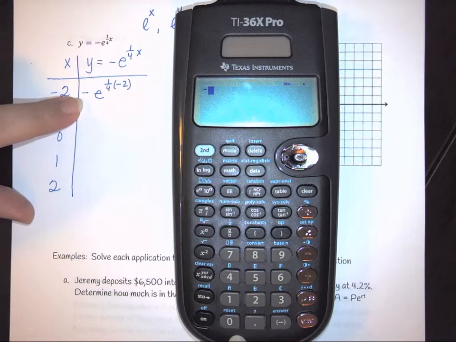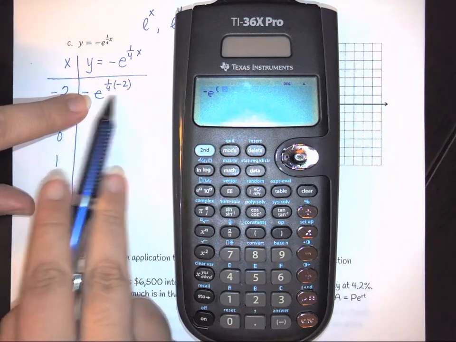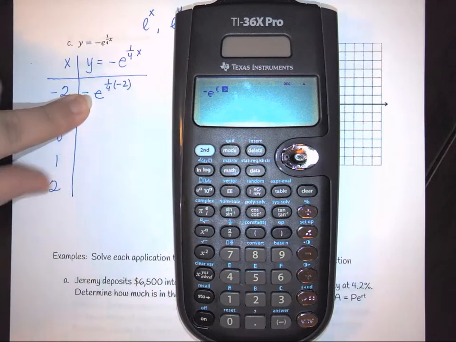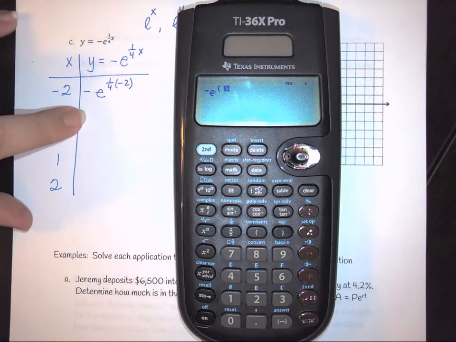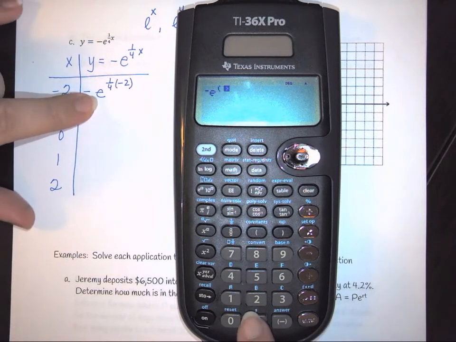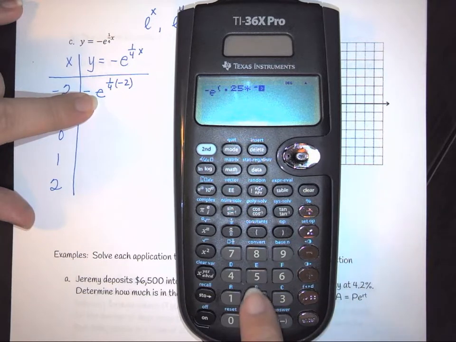So this is negative, and then it is e. So I'm going to hit my e button. Notice I get an e on the screen. And then I'm going to open a parentheses because I have to do this multiplication here, 1/4 times -2. So I'm going to just go ahead and let my calculator do that work for me. 1/4 is the same as 0.25 times a -2, and close that parentheses.